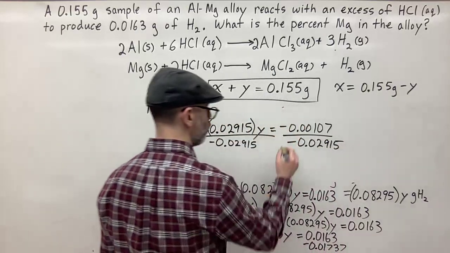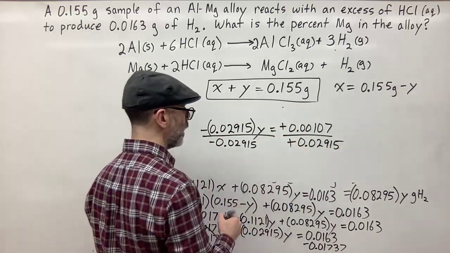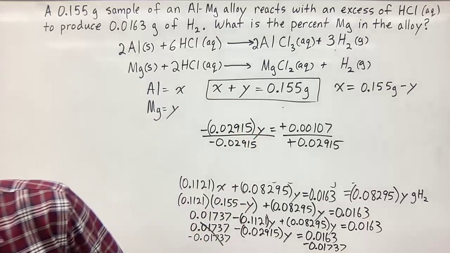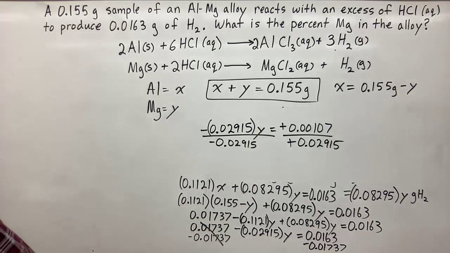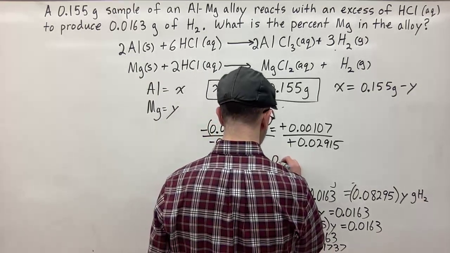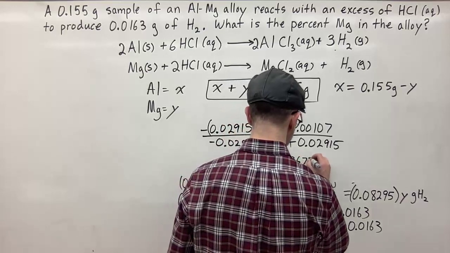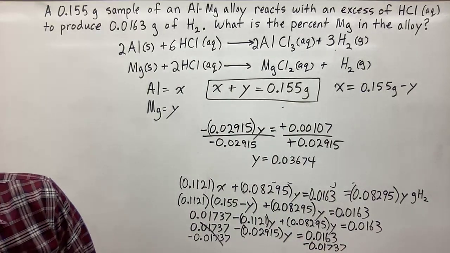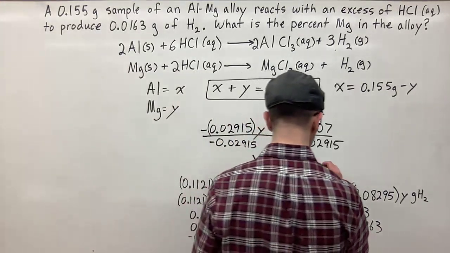And so, of course, the negatives are going to cancel out and become positive. When I calculate this out, I get 0.03674. So Y is equal to 0.03674. Let me just double check that again. Yes, and this is grams.